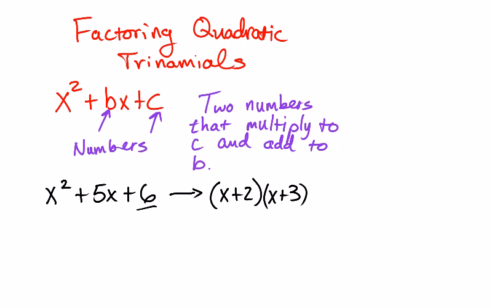We'll do two more, just certain situations. So here we go. The next example we'll do will be x squared minus 6x minus 16. And so once again you're asking yourself what multiplies to negative 16 and adds to negative 6.